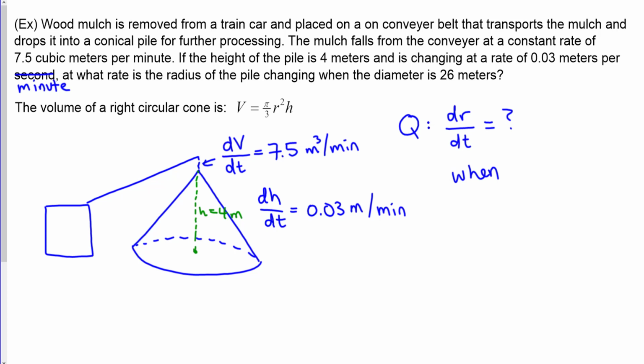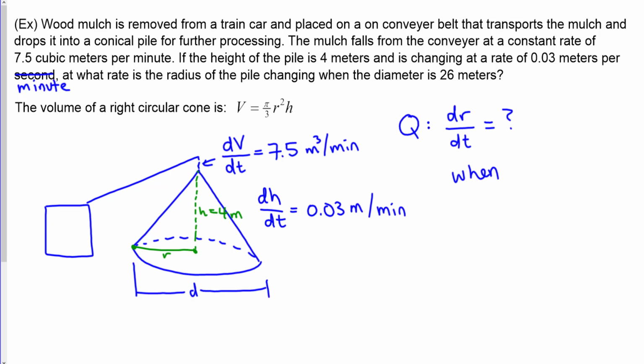Okay, well, let's put some more stuff on our page here. All right, so the radius is going to be this distance from here to the outer edge of the bottom of the cone. So that's going to be my radius. The diameter is twice that. So the diameter is this, which goes from one side of the conical pile to the other.